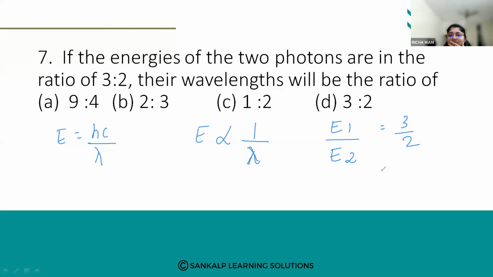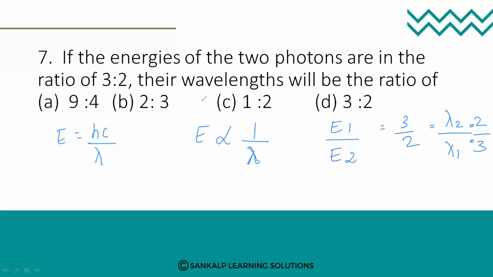Wavelength is inversely proportional, so the ratio will be lambda 2 by lambda 1, that is 2 by 3. So which is our answer? Option B. Understood? Yes, ma'am, option B.